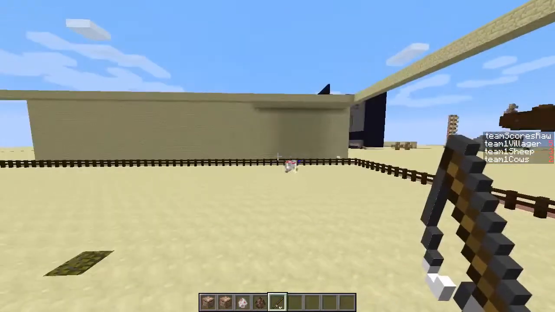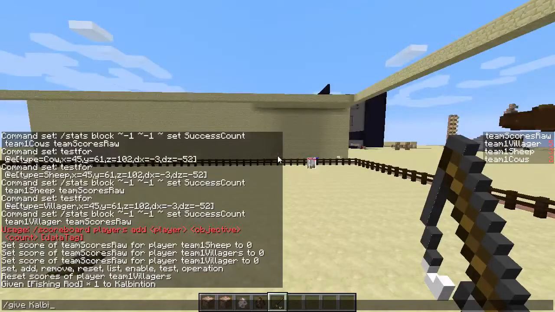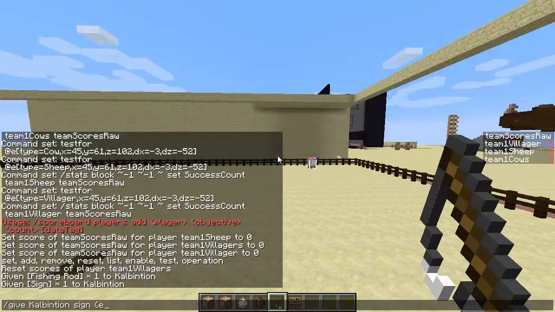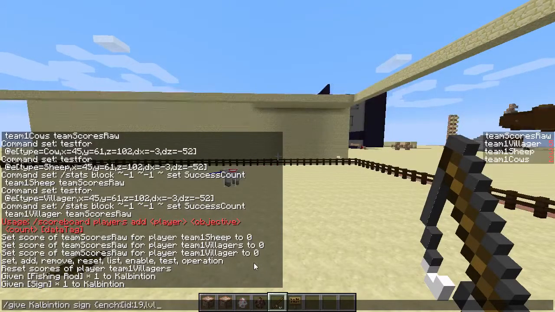What is that? Let's give me a sign. Let's make this a little more fun with getting them away instead of using the fishing rod. Level 10? And I forgot my curly brackets.